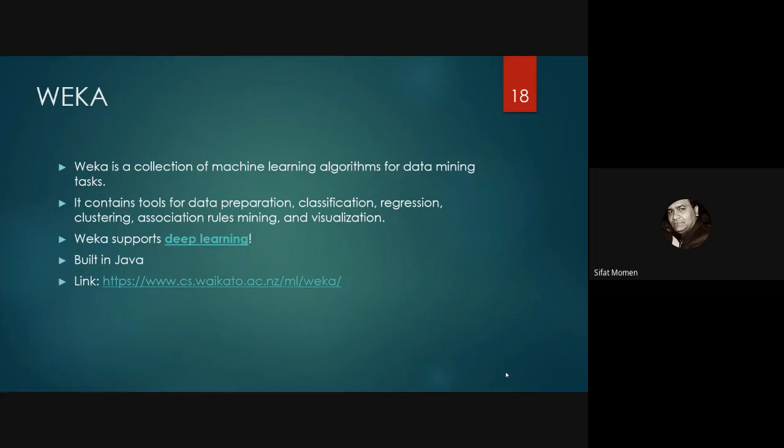It contains various features: you can use it for data preparation and classification. You can run many classification algorithms like 0R, 1R, decision tree, k-nearest neighbors, and so on. You can do regression, clustering analysis, association rule mining, and you can use it to visualize data as well. So Weka can be used to do a lot of very interesting things.